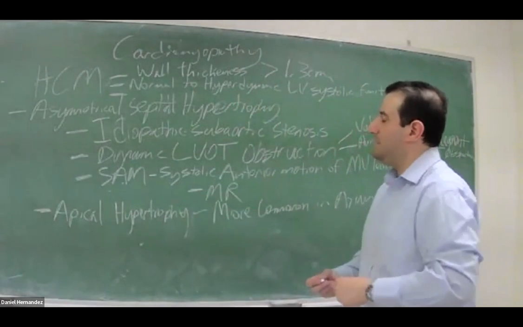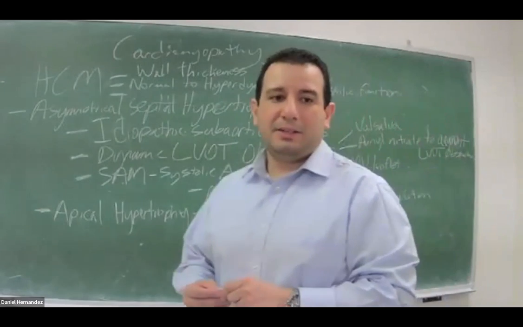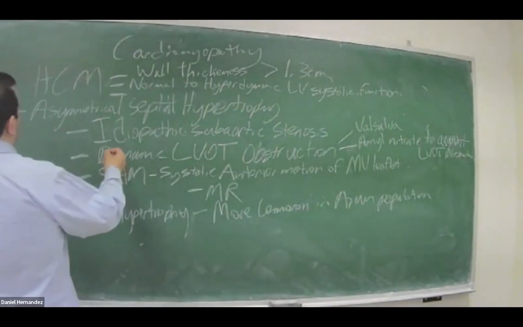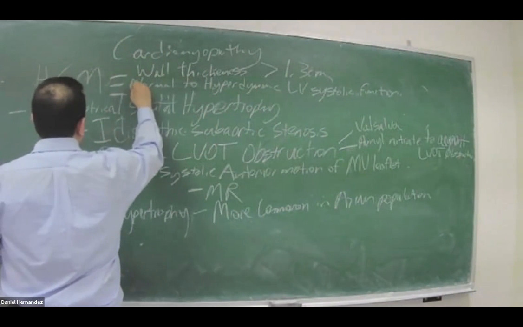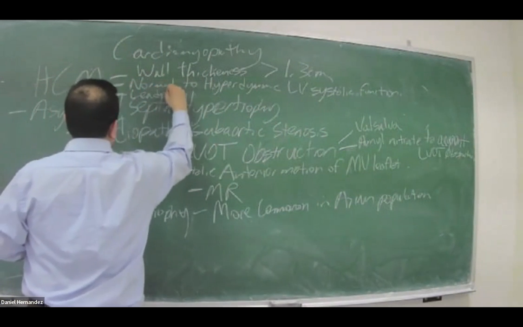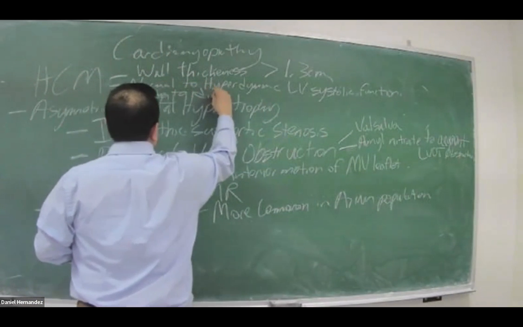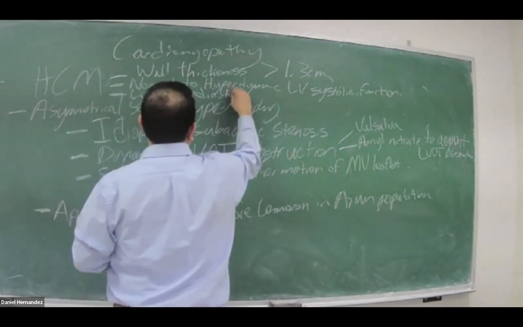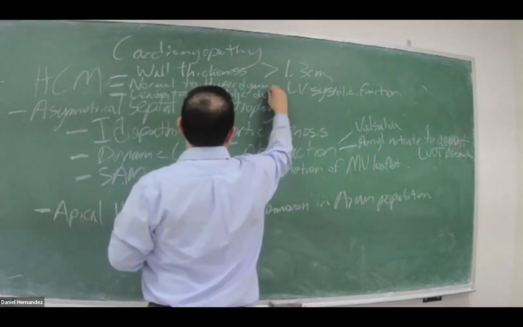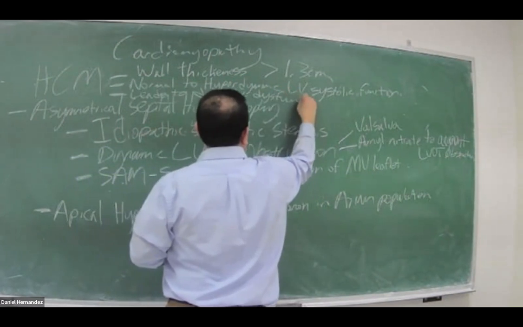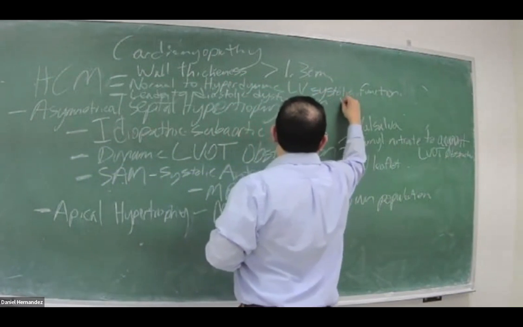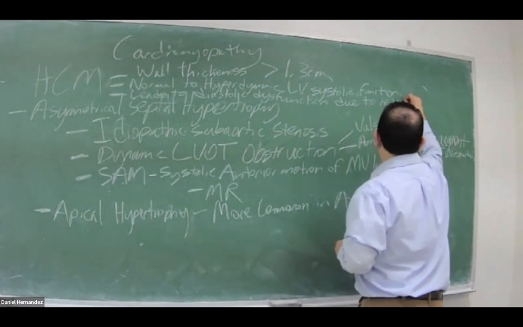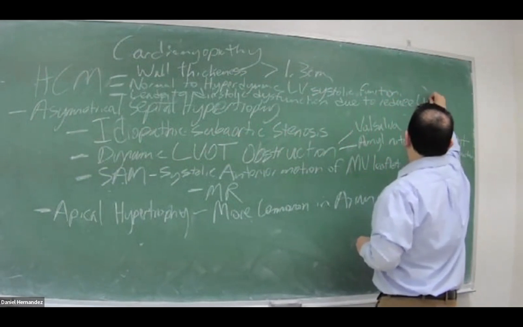So these patients, since they have reduced compliance, wind up with diastolic dysfunction. So hypertrophic cardiomyopathy leads to diastolic dysfunction due to reduced LV compliance.